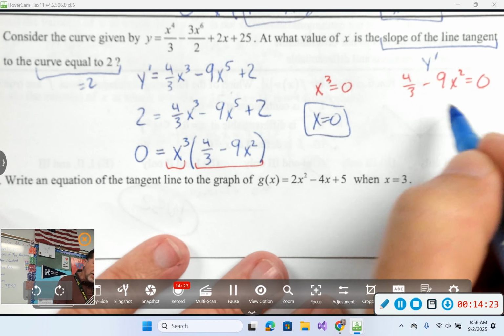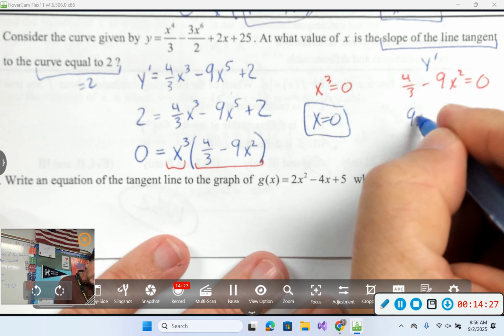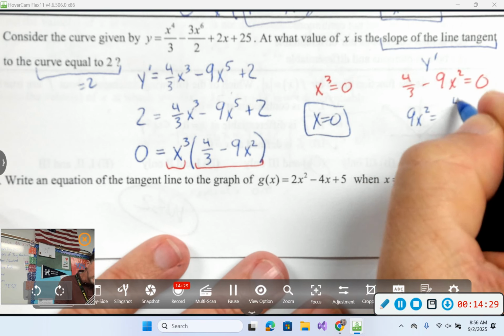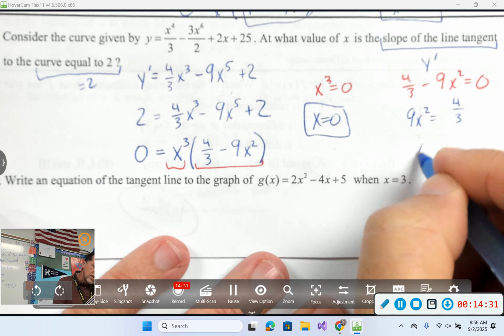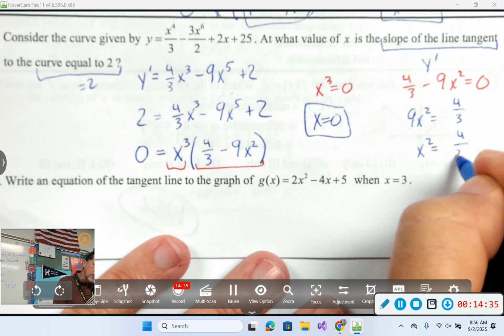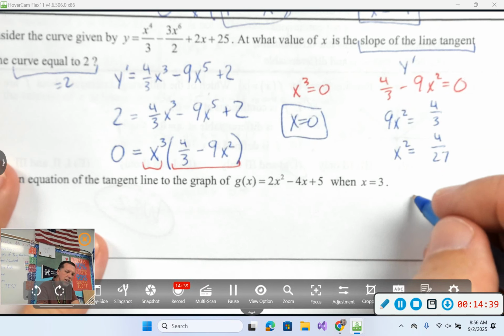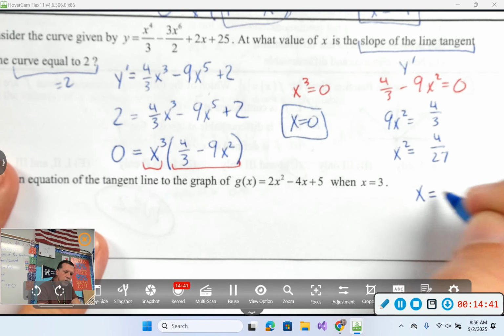This answer is going to be kind of ugly, but let's see, 9x squared equals 4/3. So x squared equals 4 over 27. And then I square root both sides. Don't forget the plus or minus.